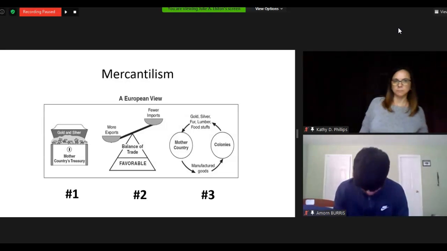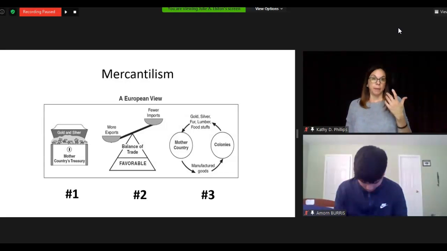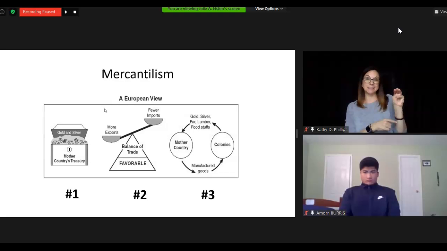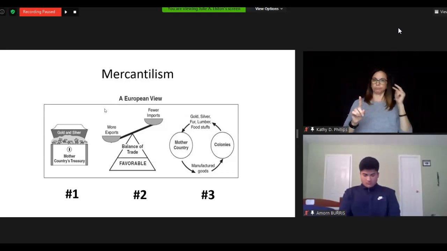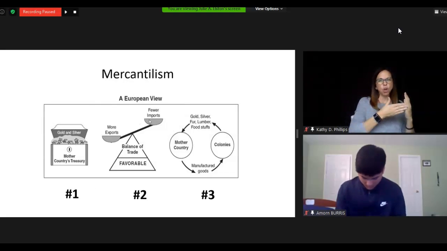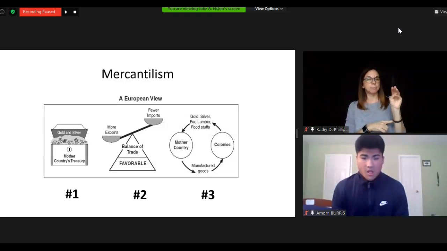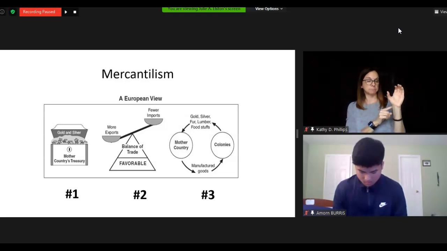We're thinking of mercantilism, as the caption here suggests, from the European point of view. So from England's point of view, what are some key components or parts of this economic system of mercantilism? We'll go about 30 more seconds and then come back together.